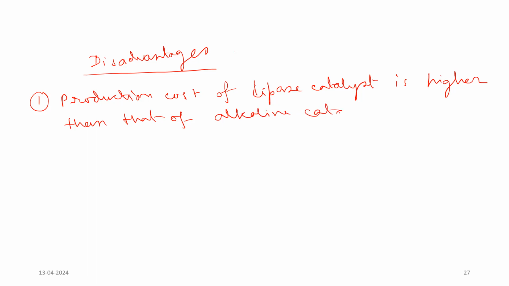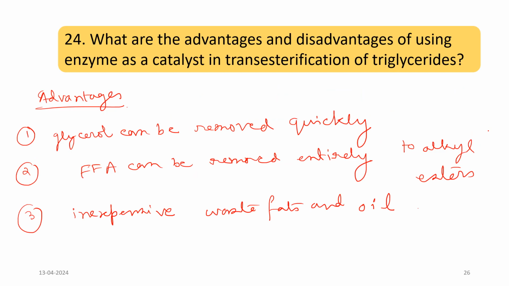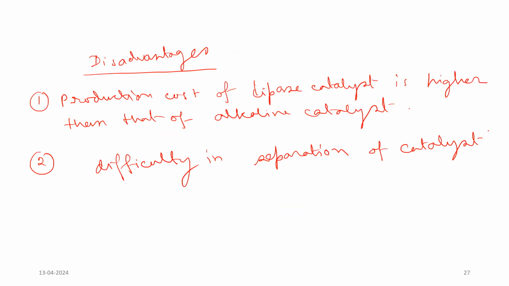Okay, so the enzymatic catalyst is highly costly. And the other is difficulty in separation of the catalyst. In the alkaline catalyst process also there is difficulty in separating the catalyst, and here also the problem lingers. Okay, so these two are the disadvantages, and these are the advantages of using enzyme as a catalyst in the transesterification of triglycerides. Next question.